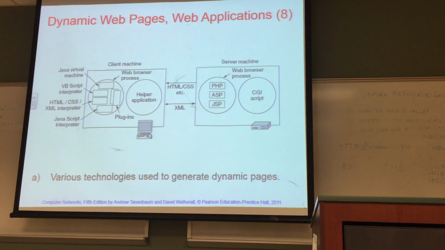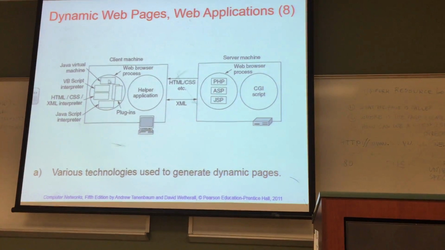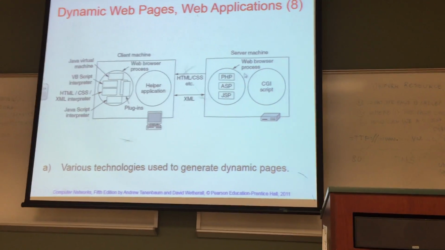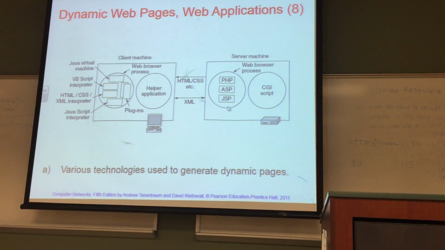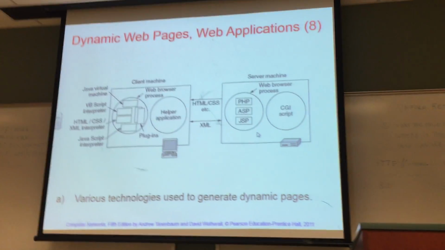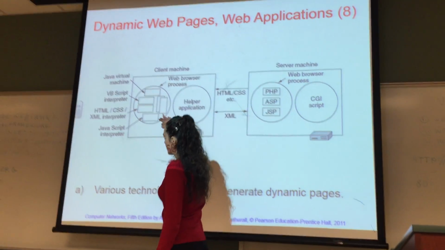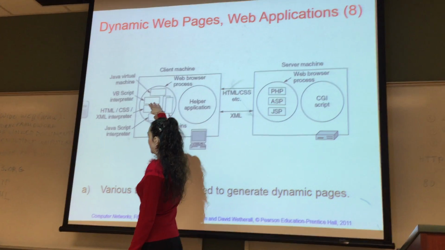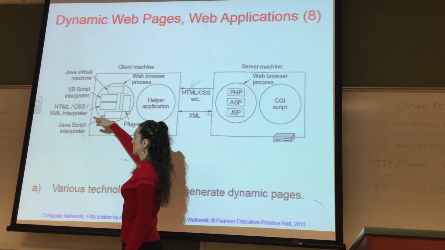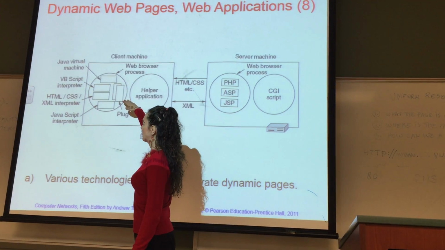So here's an overview of the client-side scripting available that runs on the client, and the server-side dynamic pages. On the client side, we have scripts such as JavaScript, VBScript, HTML, XML, which are all languages, and the cascading style sheets you were asking for earlier.